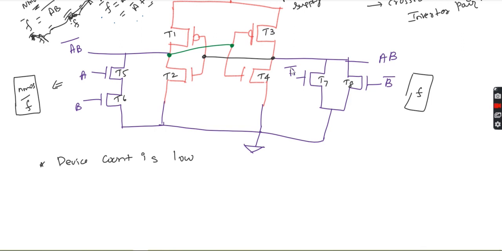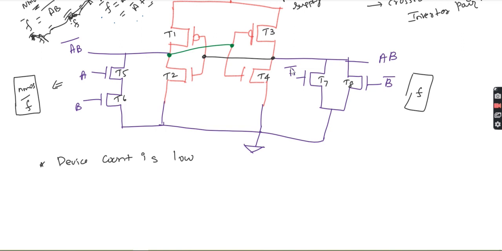Because there, how many transistors were there? When I go for number of inputs varies because we used transmission gates, everything we replaced, right? So for a 2-input NAND gate. Now here, only this cross-coupled inverter will remain the same. Only this block will get changed. So automatically the device count will reduce.